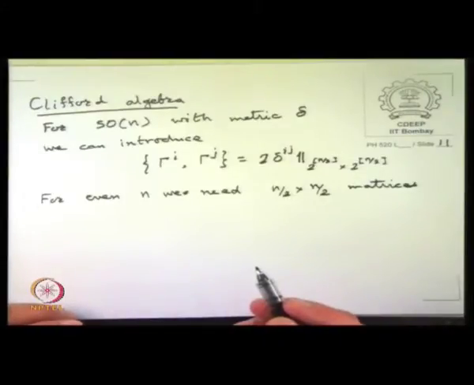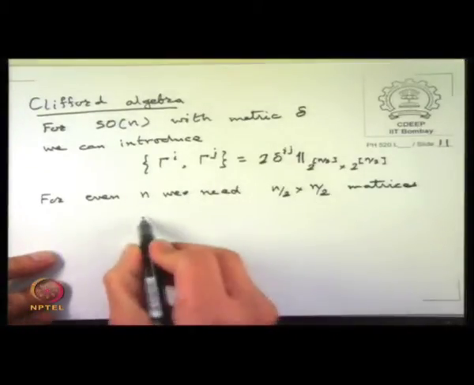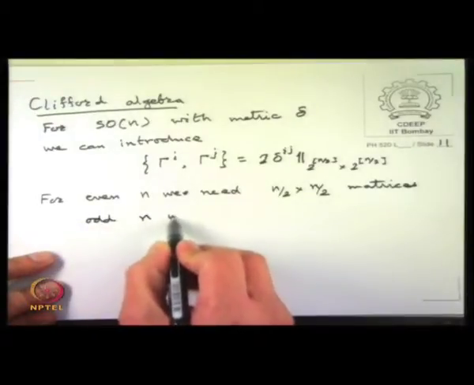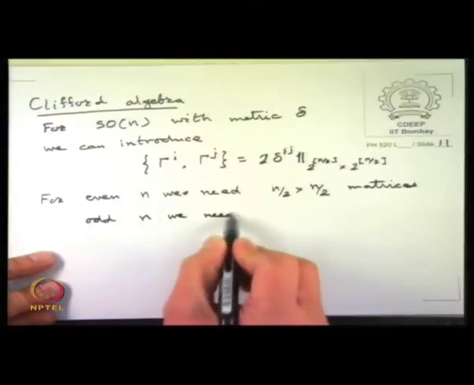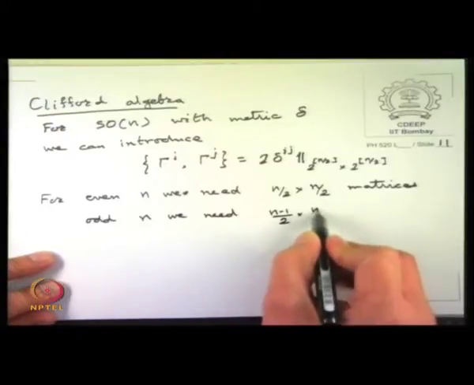That's correct, 2 to the power 2. And for odd n, we need matrices of size 2 to the power n minus 1 by 2.